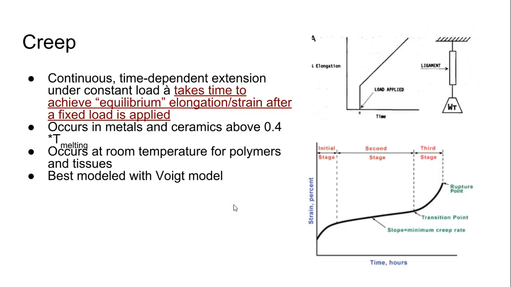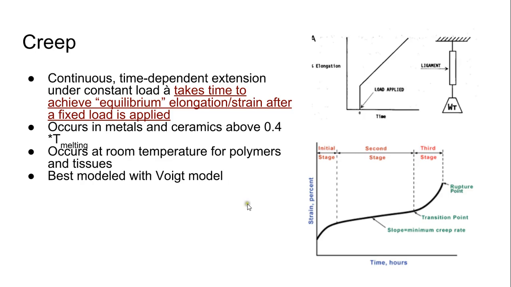Now, there is this concept of creep. Creep refers to continuous time-dependent extension that occurs when a load takes some time to achieve equilibrium elongation and strain after you have applied a fixed load. You see this occurring in metals and ceramics. It can actually occur at room temperature for polymers, and this can be best represented with the Voigt model.